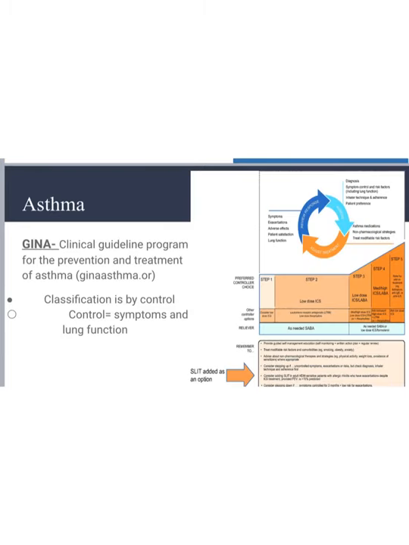Okay, for asthma, this is going to be chapter 13 in your disease book. GINA, which is the Global Initiative for Asthma, is the clinical guideline program for prevention and treatment of asthma. I highly recommend visiting their website.